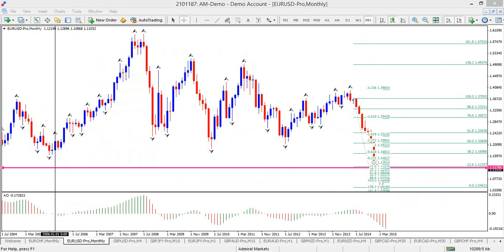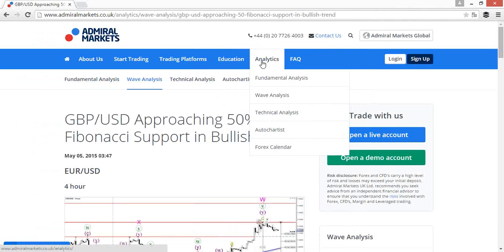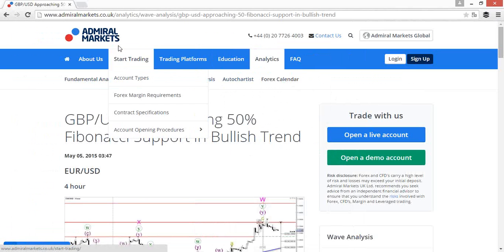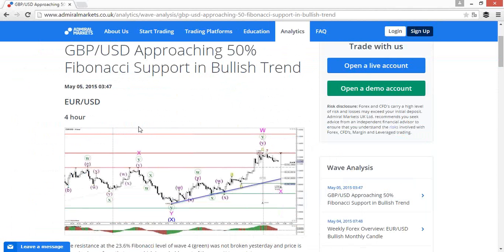Regarding the wave analysis, by the way, we'll dive into the lower time frames in a second. But before I do that, I just wanted to show you that you can look at the wave analysis that I post every day. Go to the website, go to analytics, go to wave analysis, and you'll find it anywhere around 5 a.m., 6 a.m., 7 a.m. UK time, anywhere between 5 and 7.